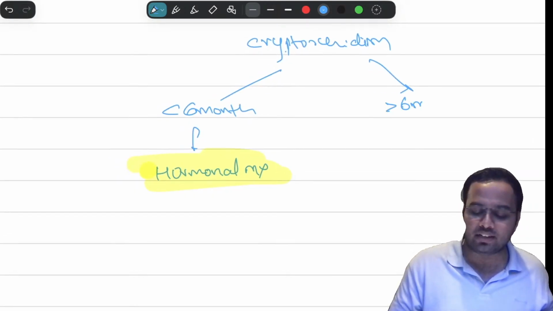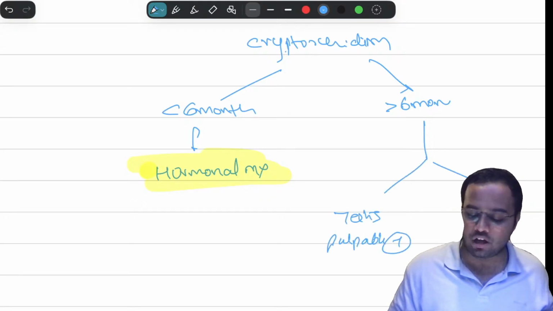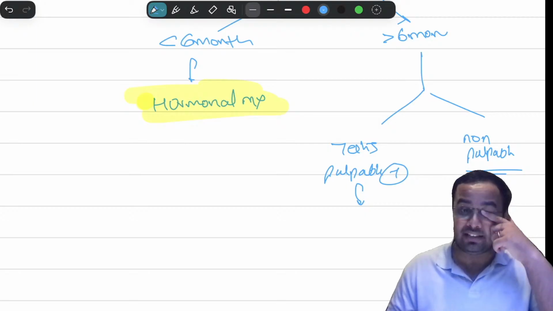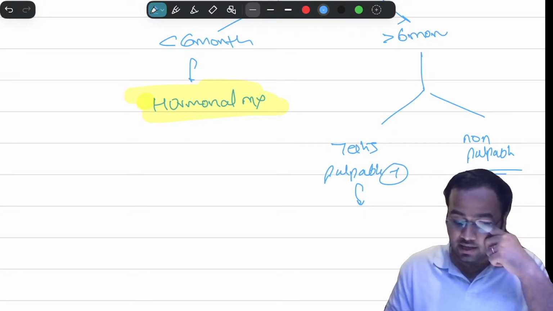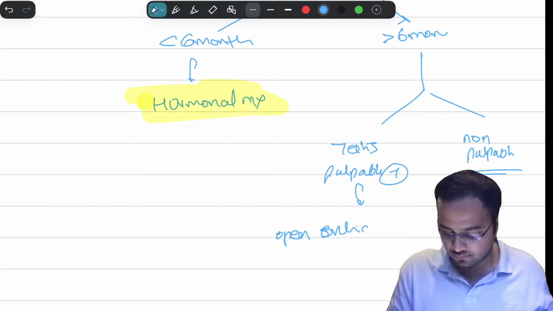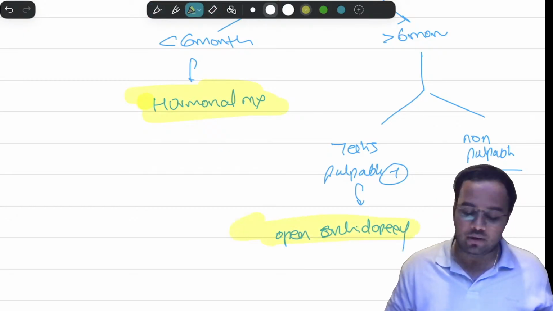But if the child is more than 6 months old, then you are going to see if the testis is palpable or non-palpable. If the testis is palpable, it is likely in the inguinal canal. You should go for straight open orchidopexy.